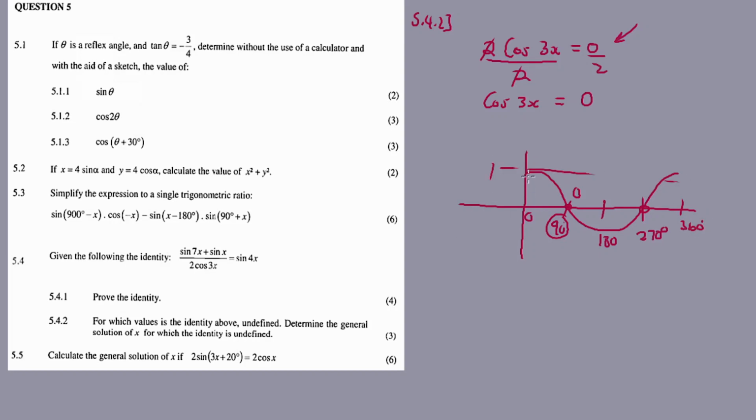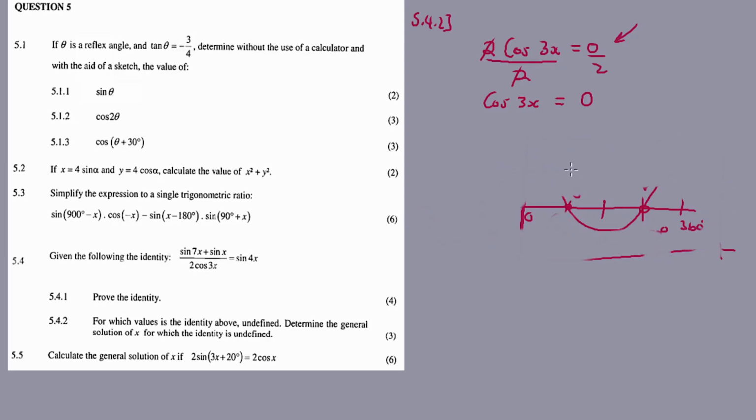If I extend to the left, my graph will be 0 at minus 90 and at minus 270. So it's up to you. If we focus on the positive side of the function, you will take 90 and 270. So let's do that.